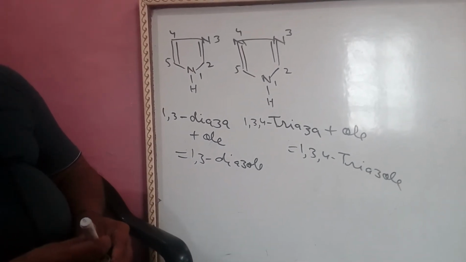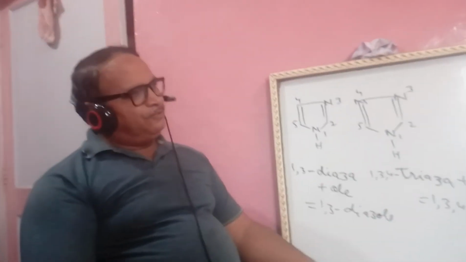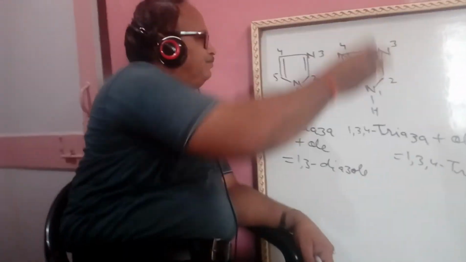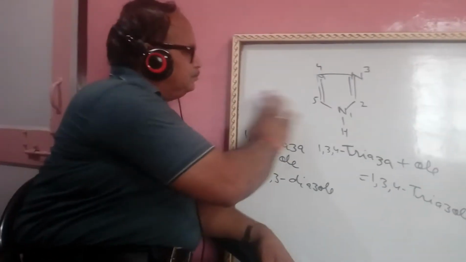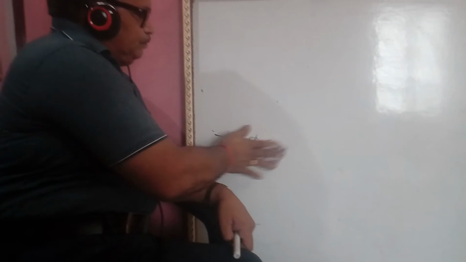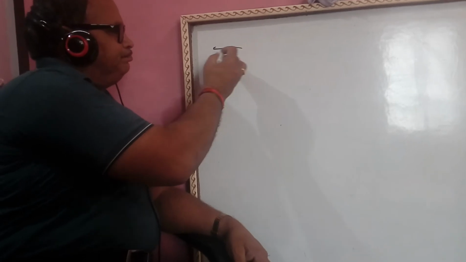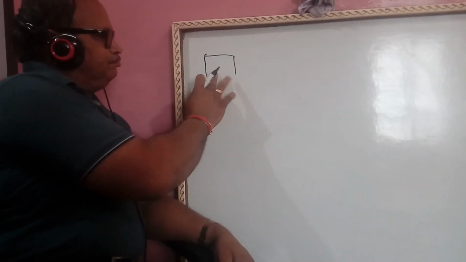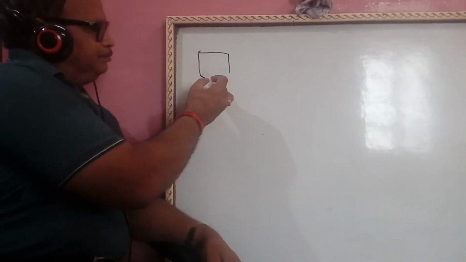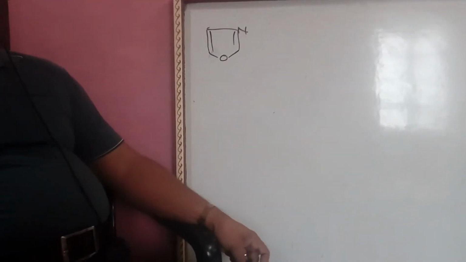Now another example in which more than one type of heteroatom is present. For example, now you can see two heteroatoms are present in this compound.